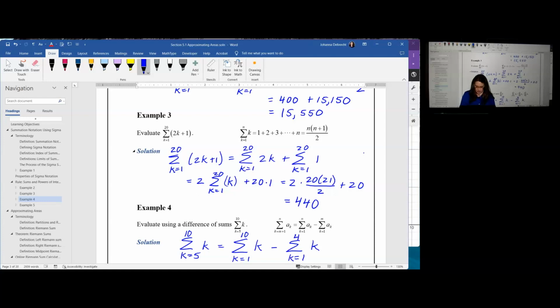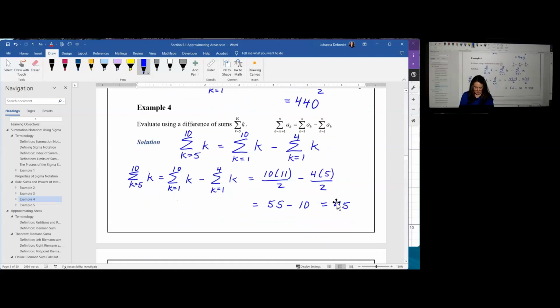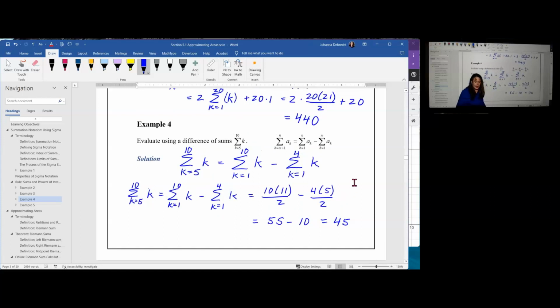Let's see now what you have. If you look at the representations, we've used the formula for the summation of the index by itself in both of the summations on the right. This gives us 10 times 11 for the larger summation divided by 2, and 4 times 5 divided by 2 for the smaller summation, taking off the terms that we didn't want.